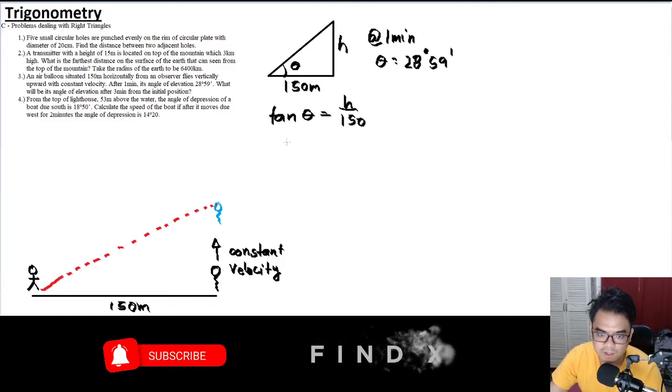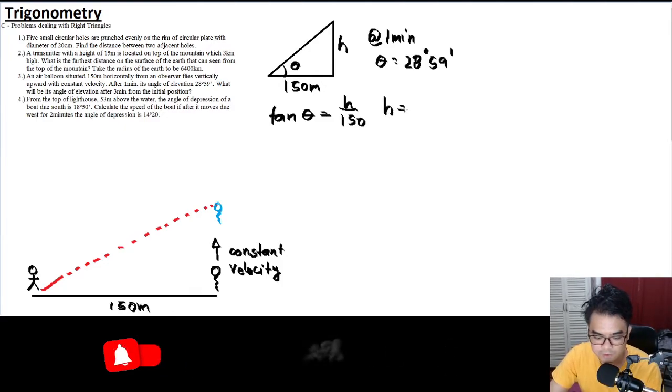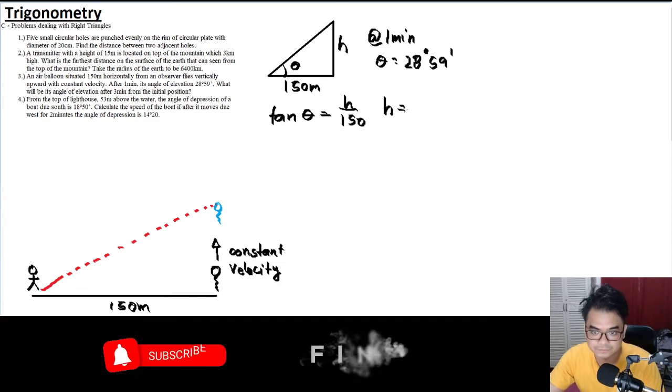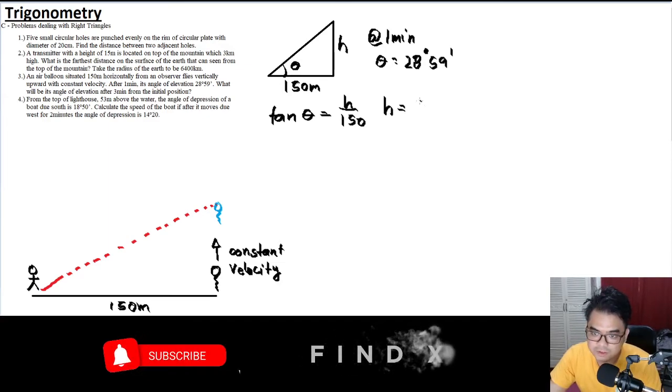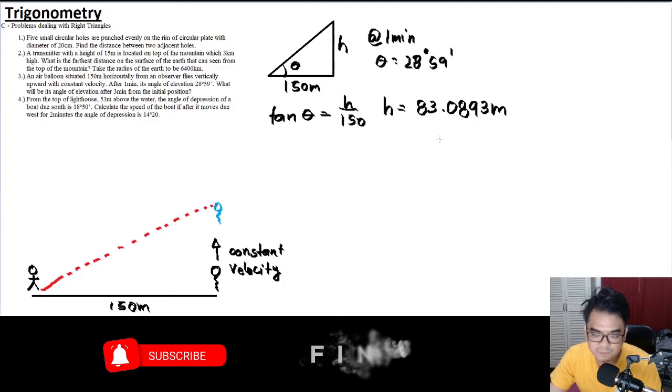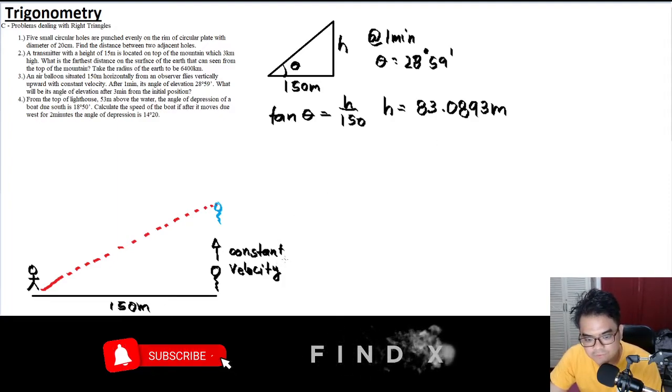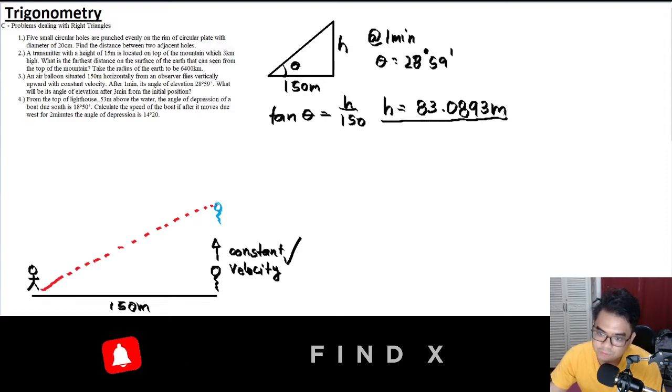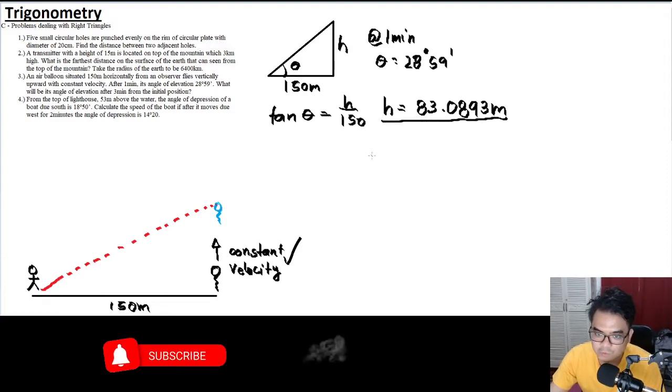If we solve that, h must be equal to, I think I already solved that, 83.0893 meters. Because it is traveling at constant velocity, this will be the distance traveled after 1 minute.